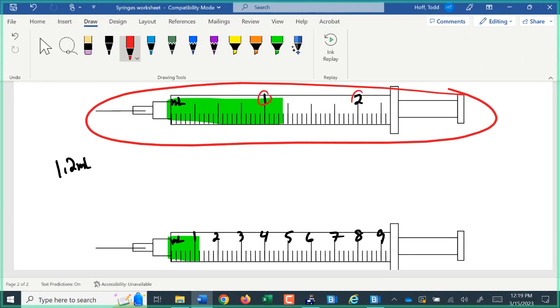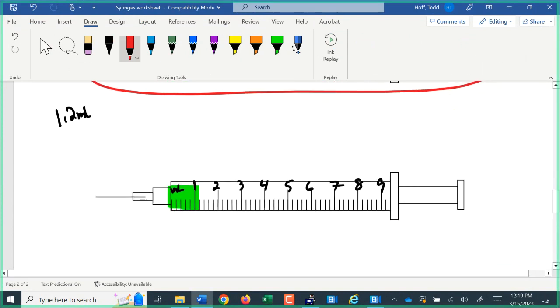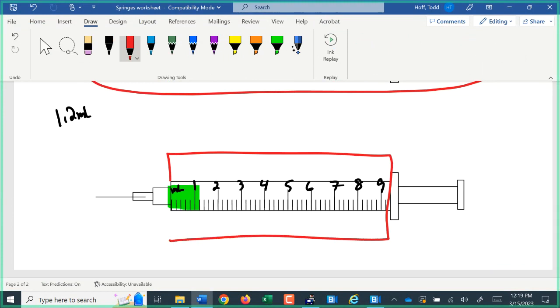These numbers being further apart means that each position of the syringe is a smaller volume, and that generally means that it's a narrower syringe. It's a thinner syringe. One like this where it gets as a higher volume, that's actually probably a wider syringe.